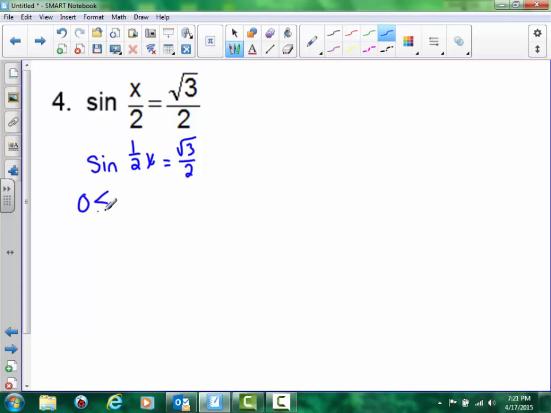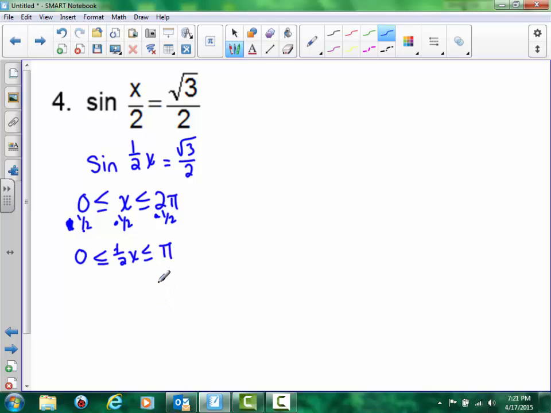So before, where I had my domain going from 0 to 2 pi, I multiply by 1/2, so I get that my new domain would be 0 to pi.